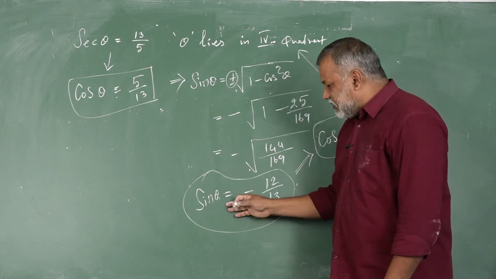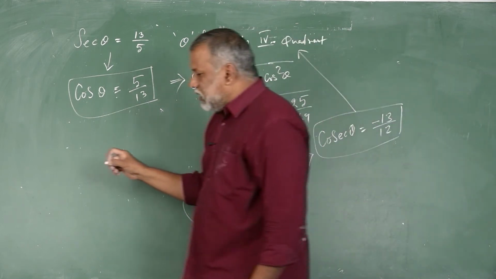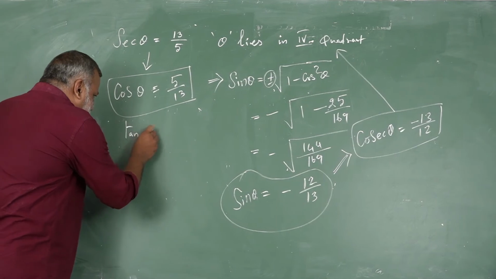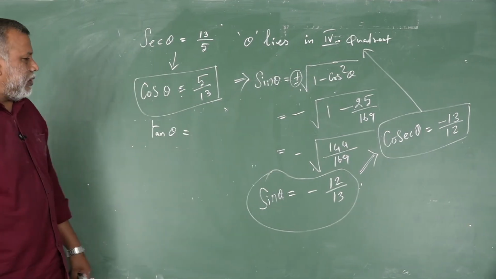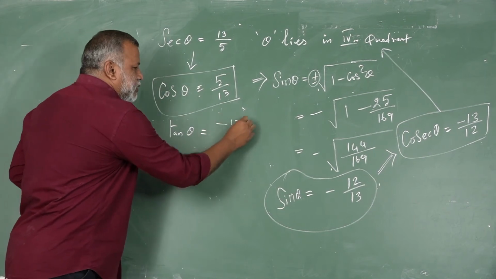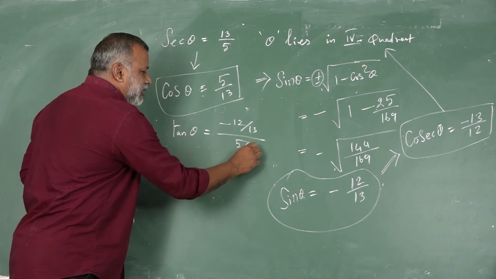Now we have sin theta and cos theta, so we are able to find tan theta immediately. The value of tan theta equals sin divided by cos. That means minus 12 by 13 divided by 5 by 13.